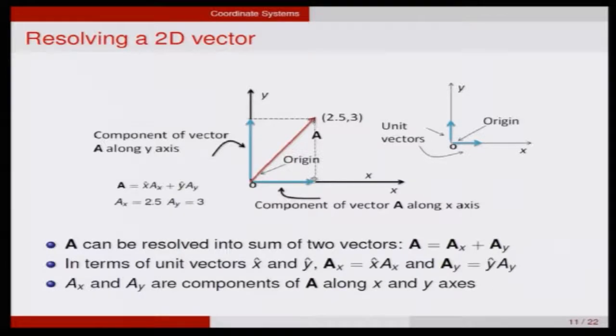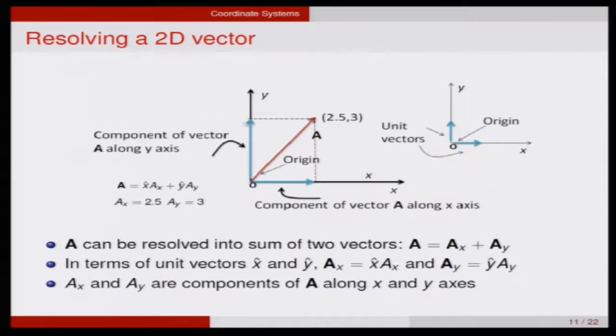You can stretch this line along this direction, and no matter where you are on it, the value of x will always be the same, equal to 2.5. The value of y along this horizontal line will be the same, equal to 3.